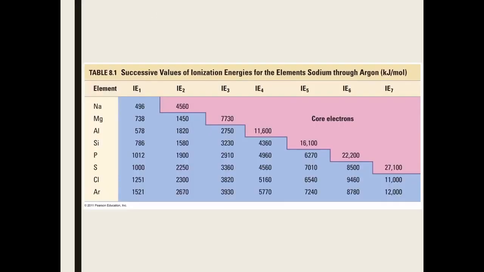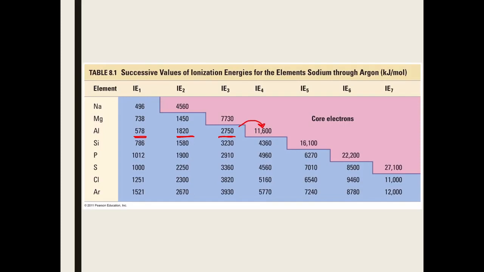This is another way of showing it. The blue ones are valence electrons, and the pink ones are core electrons. If we look at aluminum, 578, 1820, 2750, those are similar enough. But then we get this jump from 2750 to 11,600. That is a large jump.